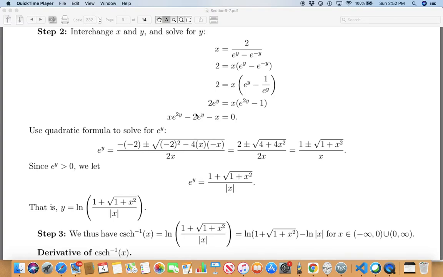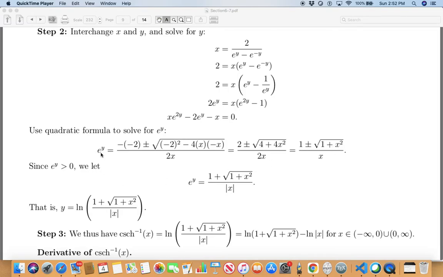Negative of minus 2, that gets me plus 2, plus minus the square root of 4 plus 4x squared, the whole over 2x. So you get the 4 out. That becomes a 2. That 2, this 2 and this 2, they cancel, you see. So I'm left with 1 plus minus the square root of 1 plus x squared, the whole over x.